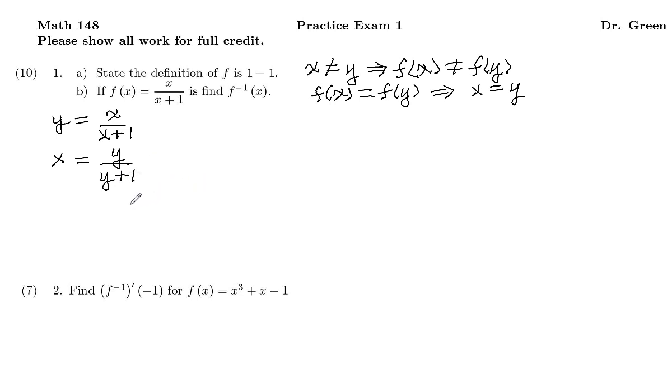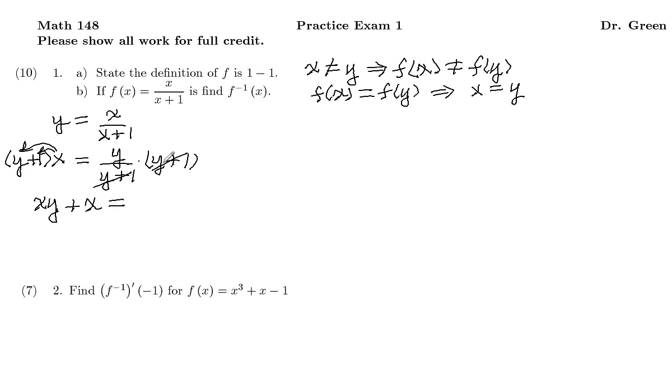I think we want to multiply both sides by y plus 1 to start off. On the right hand side they cancel out. On the left hand side we multiply that x in times each piece. So we get yx, which I'm going to write as xy, and then x times 1 is x.